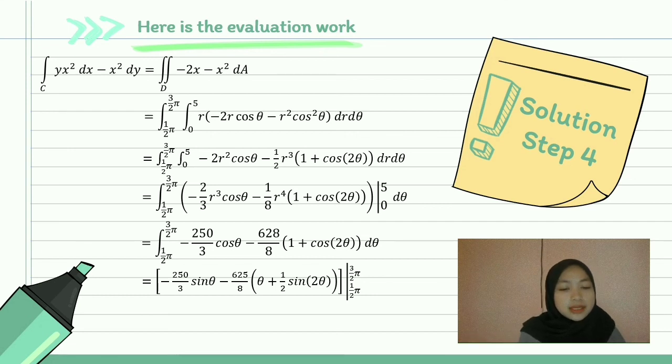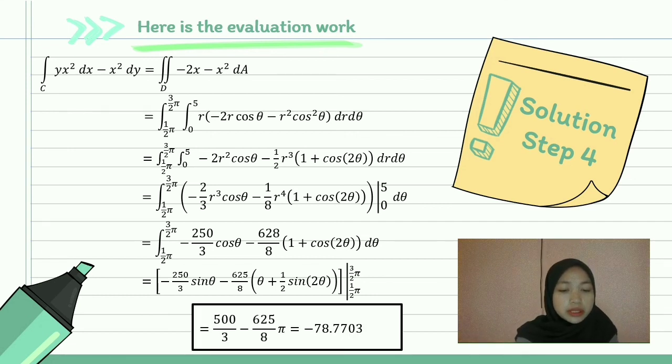So we get the answer 500/3 minus 625/8 pi. So the final answer of this problem is negative 78.7703. So this is the answer using Green's theorem, and thank you for watching.